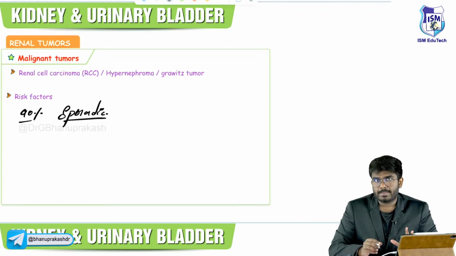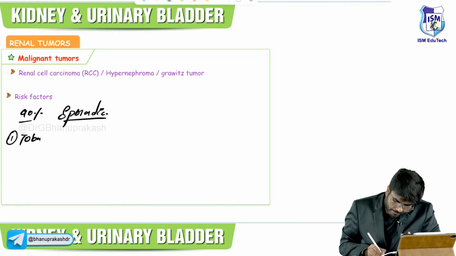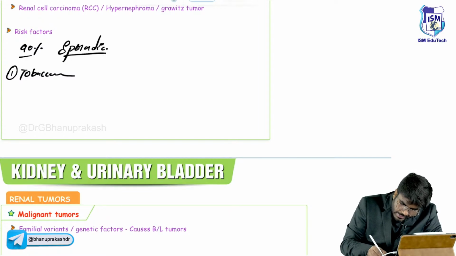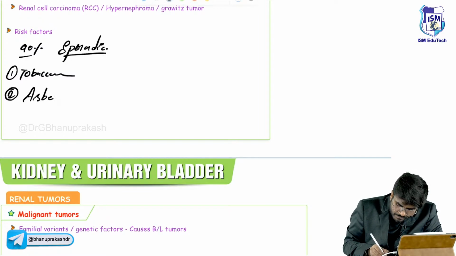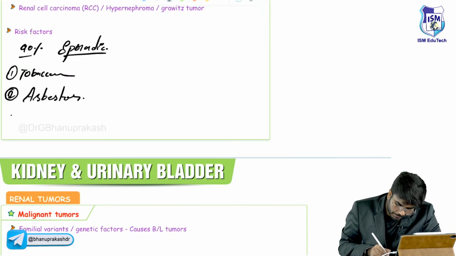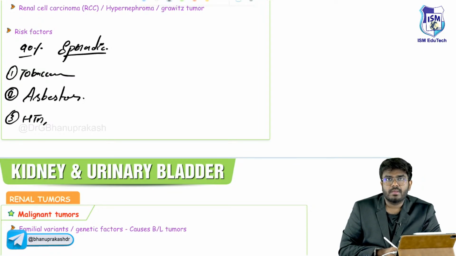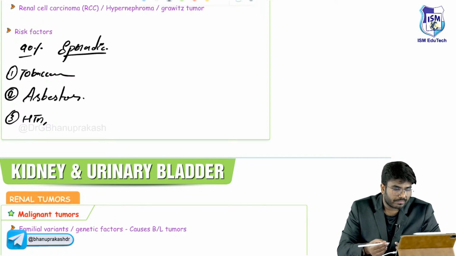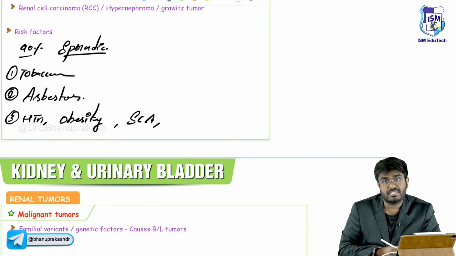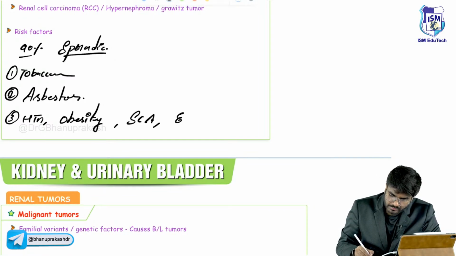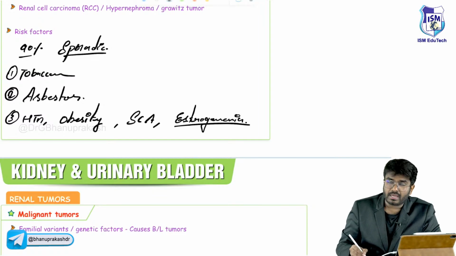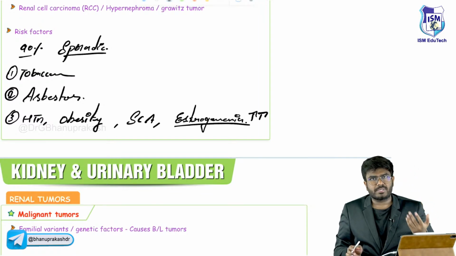Now I am talking about the risk factors. That is tobacco smoking, persons exposed to asbestos, those having hypertension, obesity, sickle cell anemia, and hyperestrogenemia, high levels of estrogens in the body.